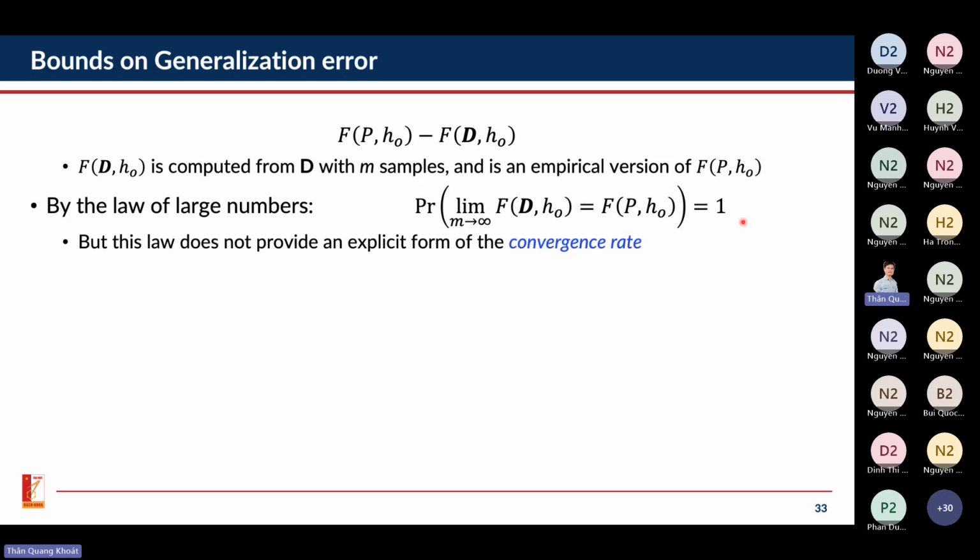This is the law of large numbers. It means the training error can be very good to estimate the test error. But it is only true when the training set is very huge, and in practice we may not have that. The training set can be small sometimes, so we do not have this, and these two quantities can be very different.